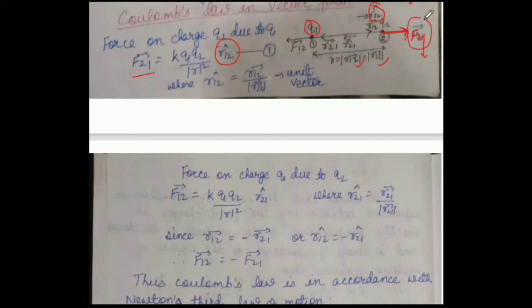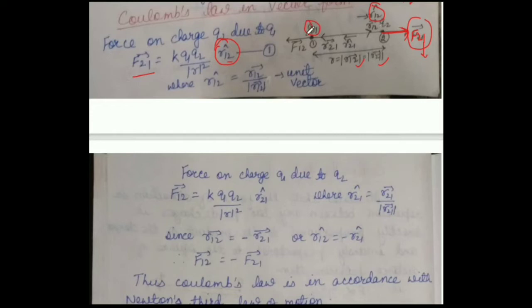Right? So simply write Coulomb's law, F equal to K Q1 Q2 by R square, and the force on 2 due to 1. Direction is from charge 1 to charge 2. And you know the unit vector, you can write the unit vector by magnitude, R12 by magnitude of R12.